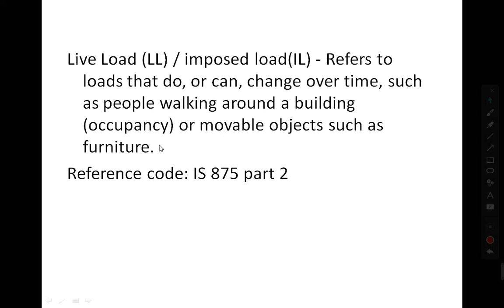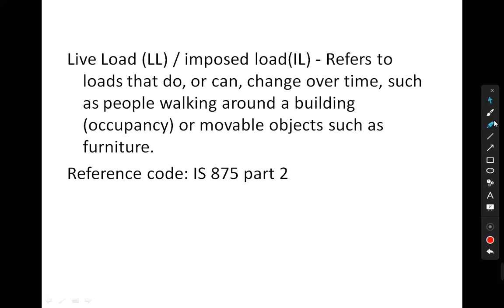For a residential building, the live load is considered 2.5 kilonewton per meter square.